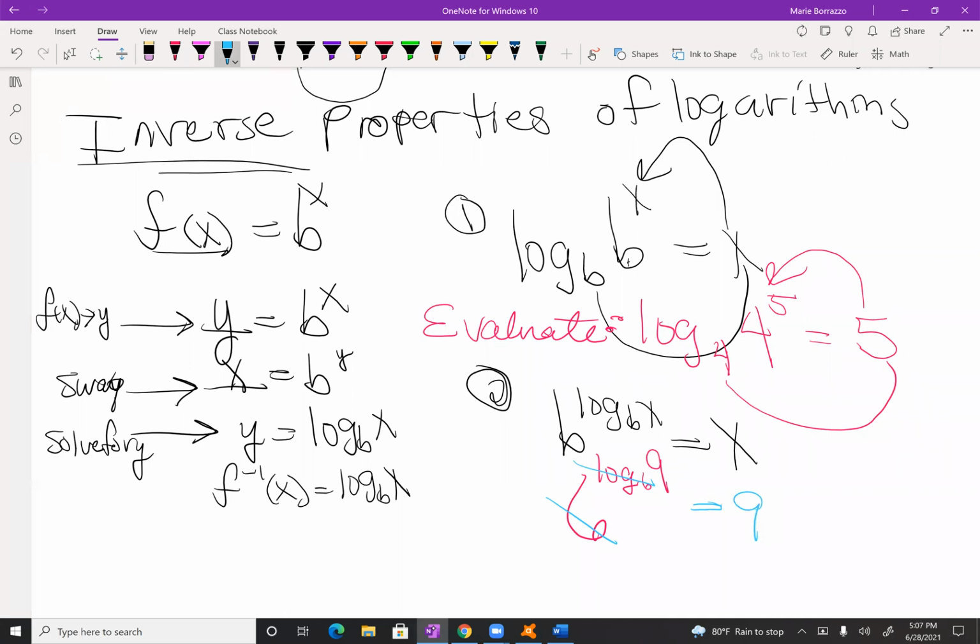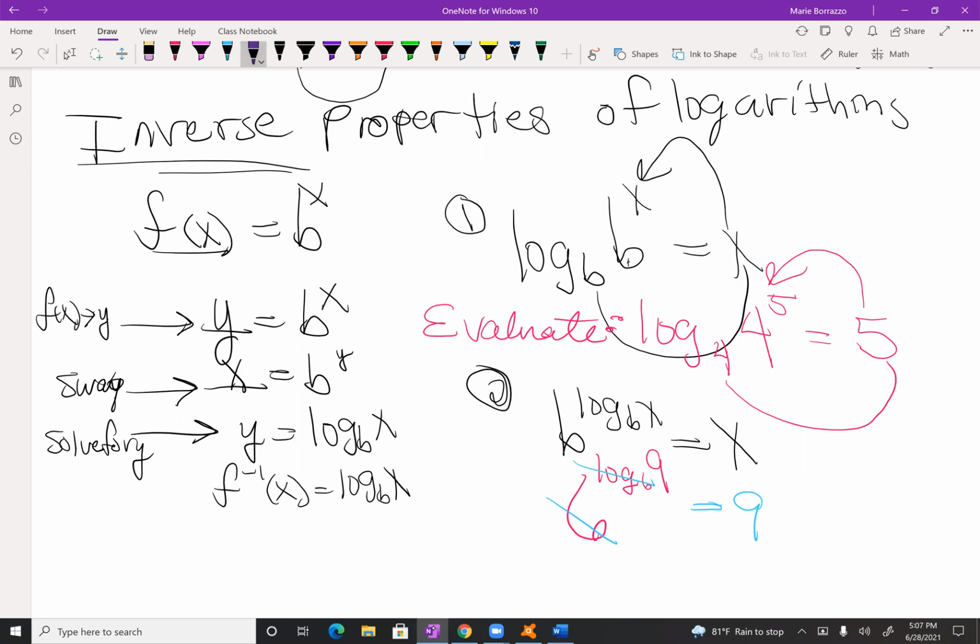That's simple. So if you have a base and it's raised to the log of that base, it cancels.